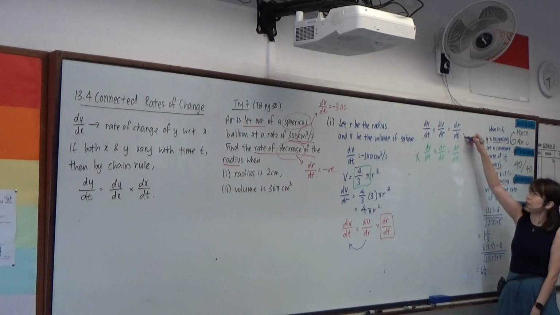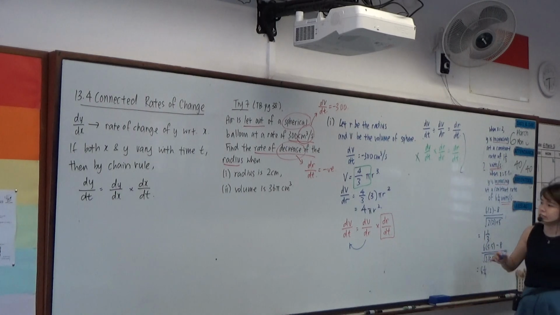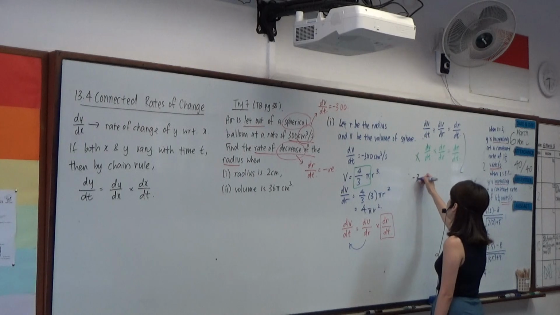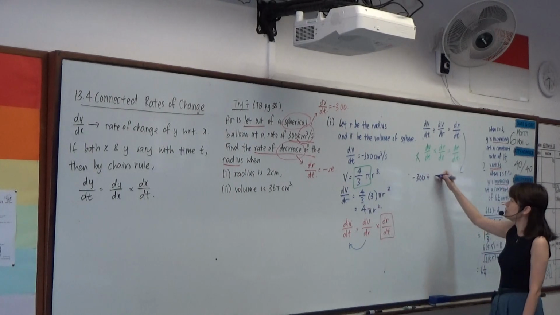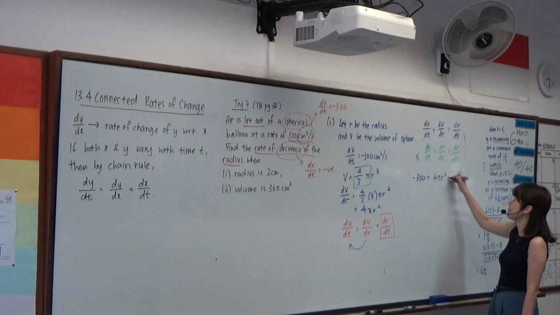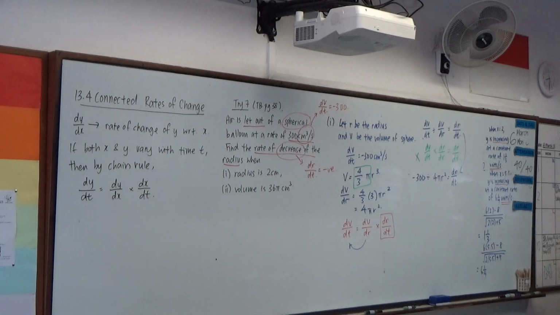So continuing from here, dV over dt will be negative 300 divided by dV over dr, which is 4 pi r squared. That gives us our dr over dt.